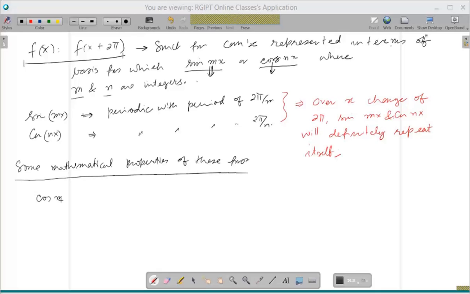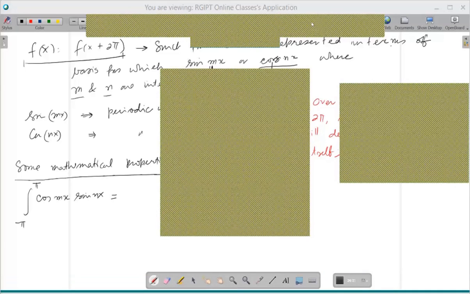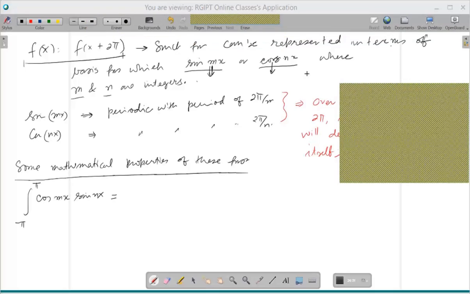For example, what would cos mx sin nx dx from minus pi to pi be equal to? Can anyone tell me? You don't have to do the integral. You can just look at the expression and tell me.